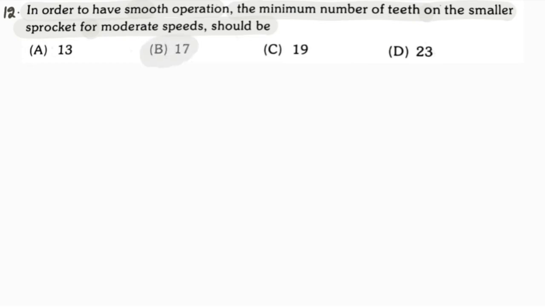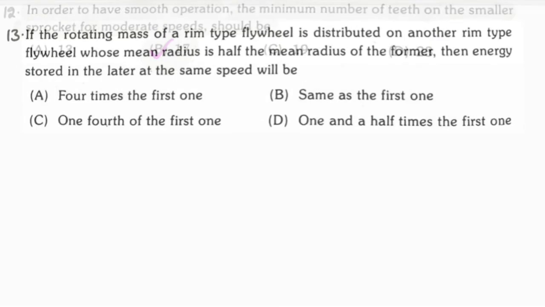You remember this point. This problem is very frequently asked. Anyhow, in order to have the smooth operation, the minimum number of teeth on the smaller sprocket for the moderate speed should be 17. This is the standard value. Let us take another problem.